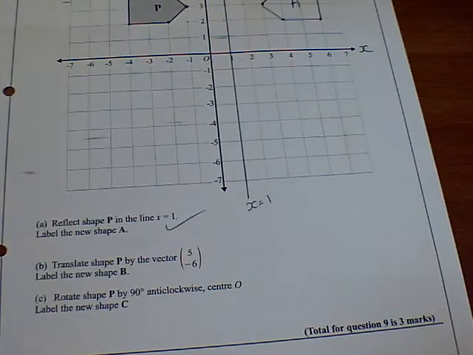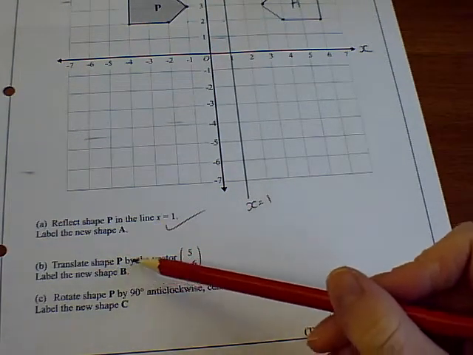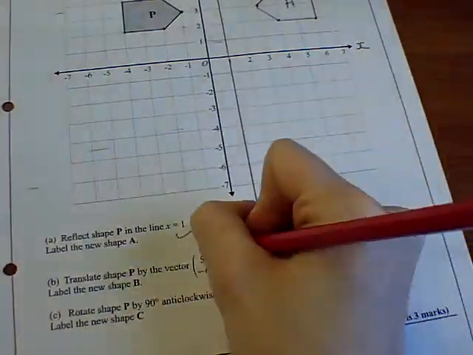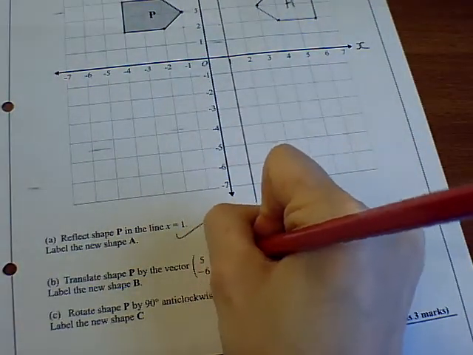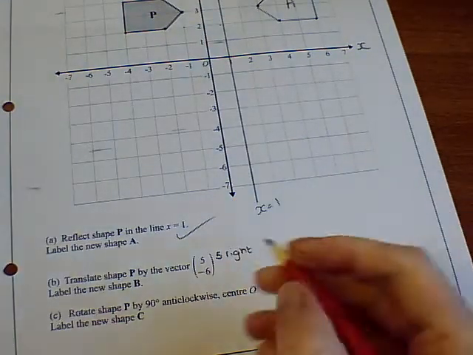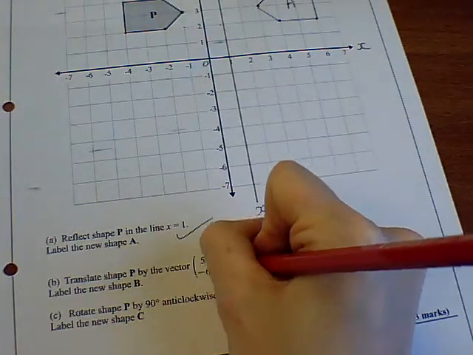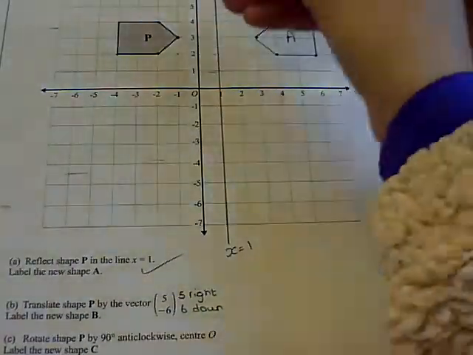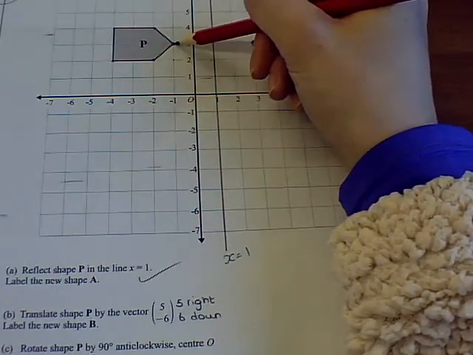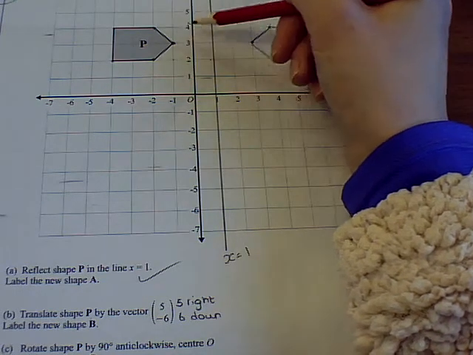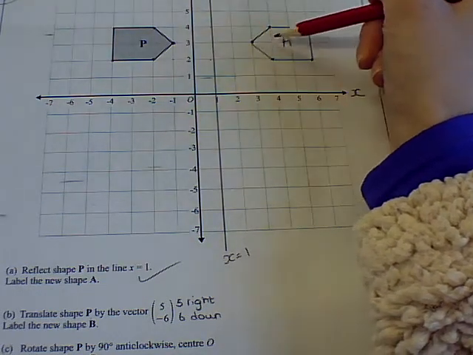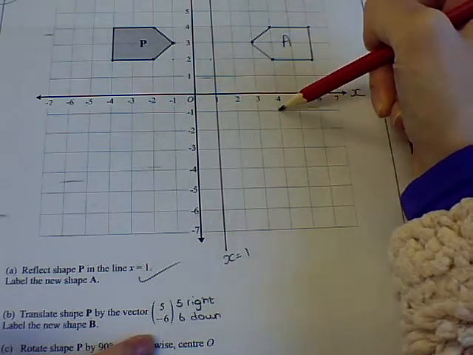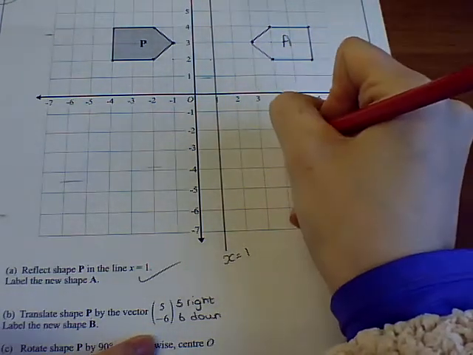Part B, translate, so that just means move shape P by the vector 5, minus 6. So 5 is positive, so that means we're going to go 5 right. 6 is negative, so 6 down. And we're translating or moving shape P. So pick one point in shape P, say this one, move it 5 to the right, 1, 2, 3, 4, 5, and 6 down, 1, 2, 3, 4, 5, 6.